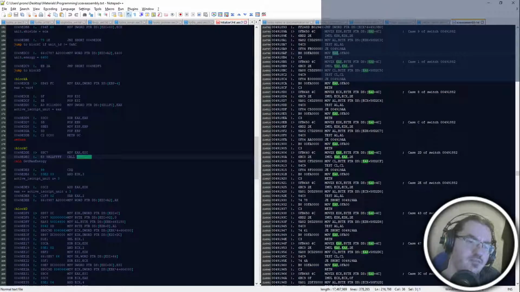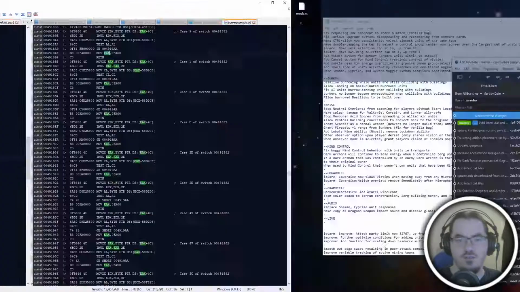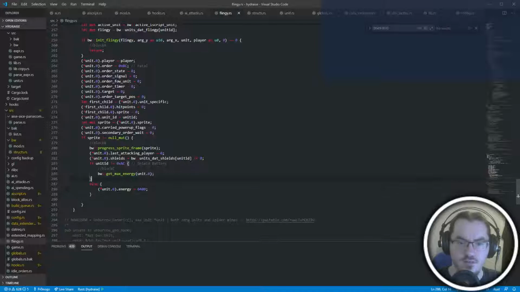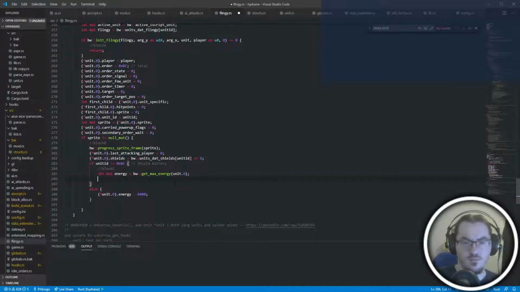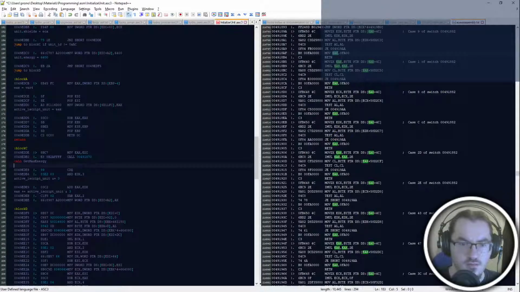We should probably write the return value of get max energy to a variable and then add it. So yeah, let's do that. I think that's what we have to do here anyway. And then we'll say, I don't think we have to modify energy per se, but that's fine.